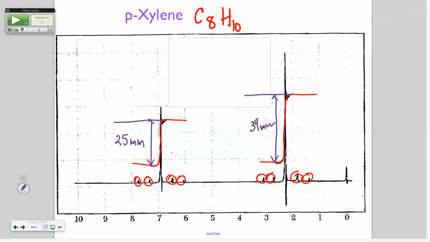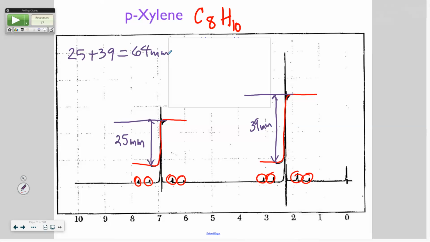Now I have a formula up there. It tells me how many hydrogens are in the whole structure, right? 10. So what I did was I took 25 plus 39 and I got 64. That's the total for all the peaks added together.